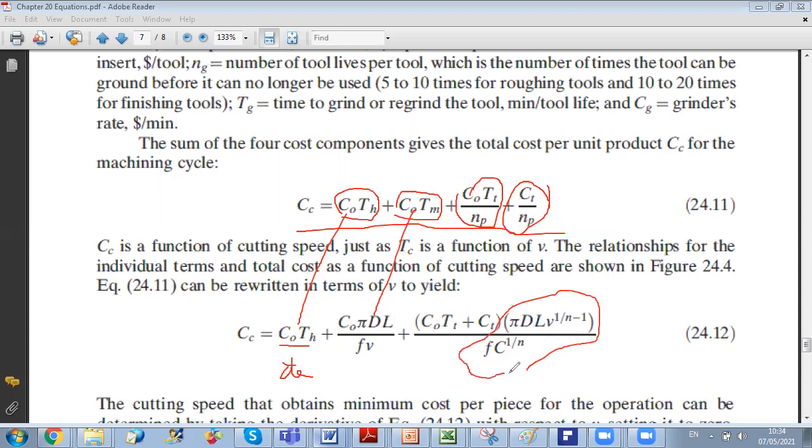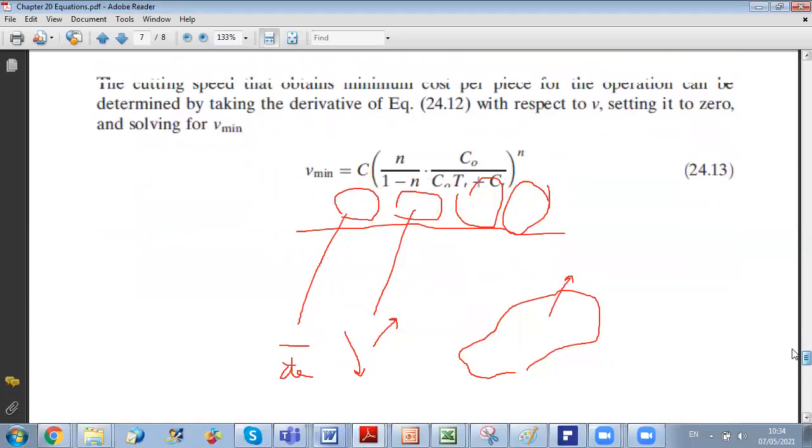We can see that we have opposed effects of velocity, because the higher the velocity, the lower the machining cost, but also the higher the velocity, the higher the tooling cost. This is why, in cost optimization, we obtain the same analysis.